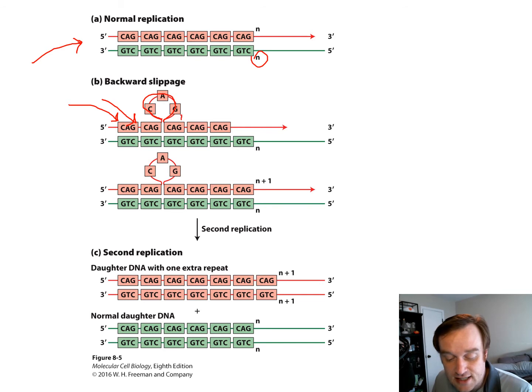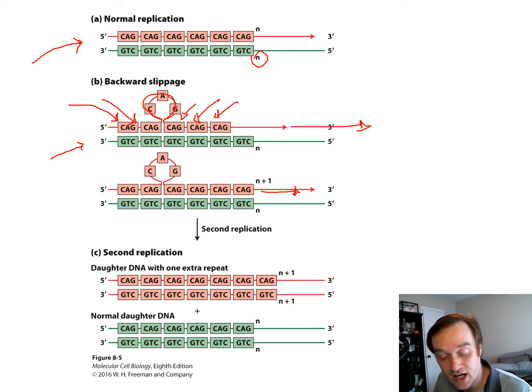And because these repeats in front of it, these CAGs, are still fulfilling their matchmaking purposes, their bonds, this loop doesn't have a partner, and the DNA doesn't feel like it's missing something on the template strand here, right? Because it's already matched up with its CAGs, and they're holding this loop that's not in place in that position. So what happens is the strand continues to replicate, and we get a full pairing of the synthesized strand and the template strand with this bubble in place.